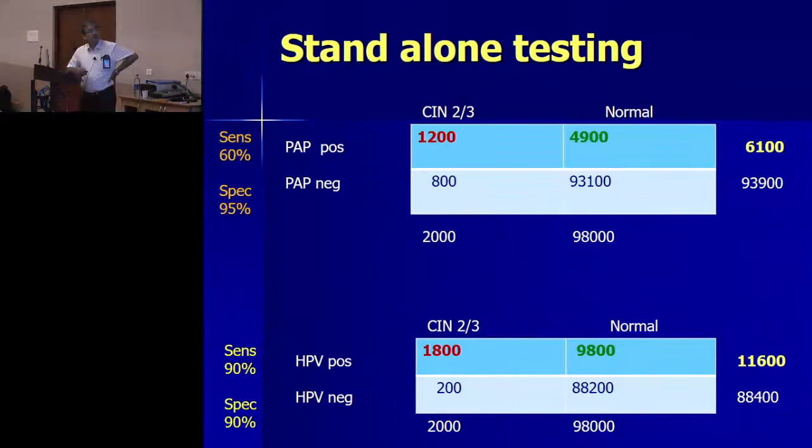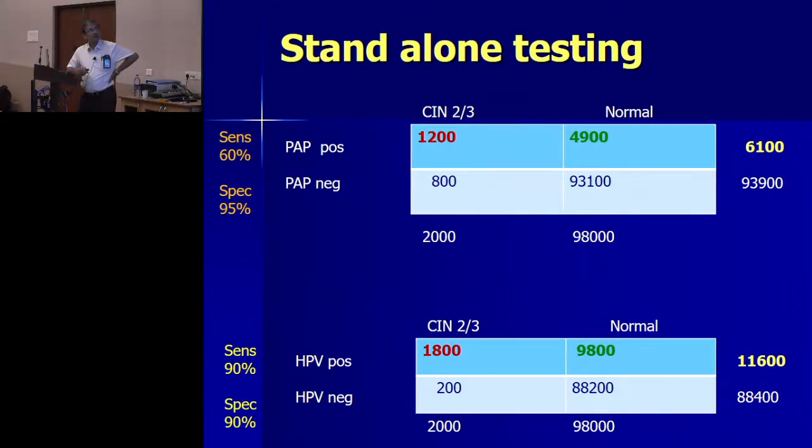Prevalence is 2%, so you've got 2,000 here. 60% of 2,000 is 1,200. You're going to pick up 1,200, right? Of 98,000, specificity is 95%, so you'll pick up 93,100 correctly identified as normal. The rest are false positives, and there are false negatives too.